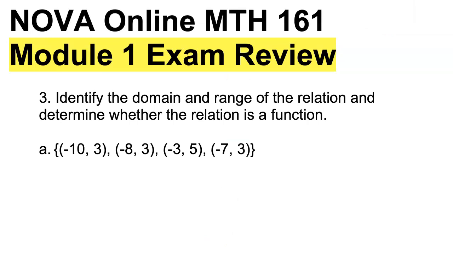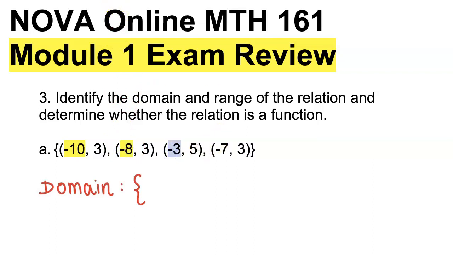we just have to separate the ordered pairs. So let me write the domain first. So here's the domain for this relation. Domain are all the possible x values. So what you want to do is list all the x values before the comma.